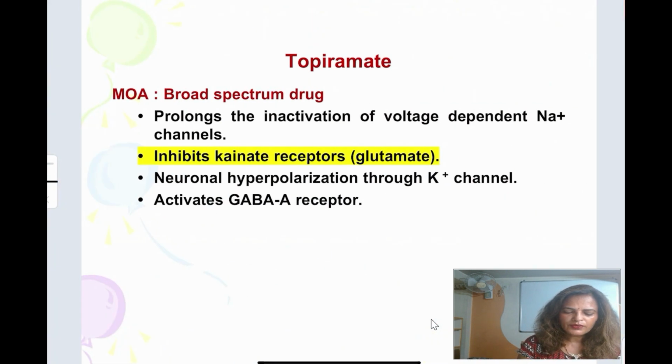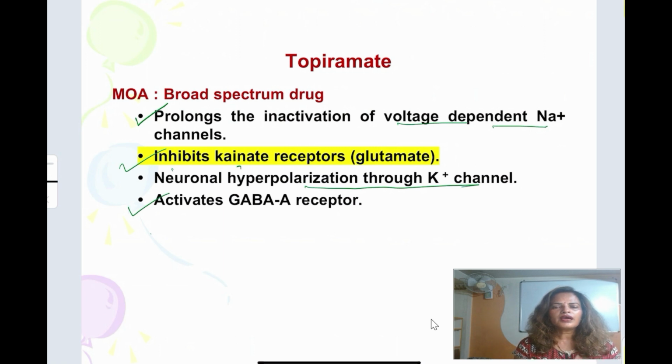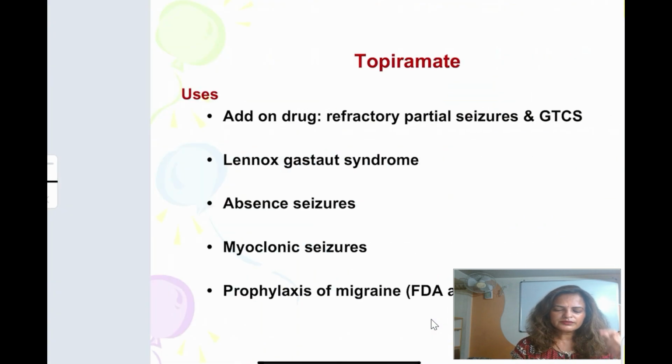So you can see it prolongs the inactivation of the voltage dependent sodium channel, inhibits the kainate receptor, then activates the GABA A receptor, and it causes neuronal hyperpolarization through the potassium channel.